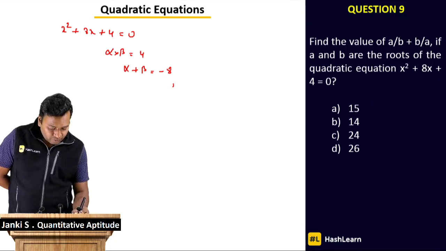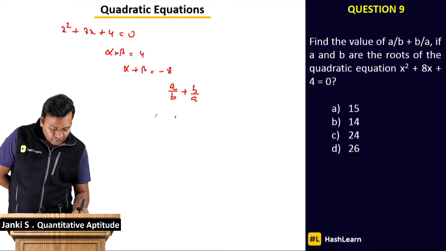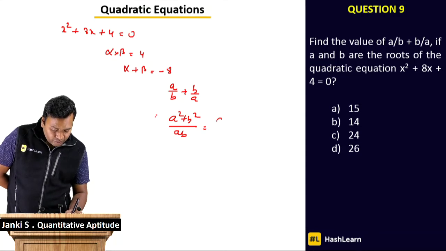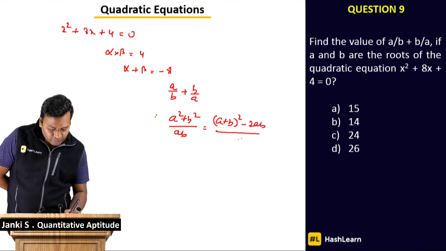My requirement is nothing but a by b plus b by a. Can be written as a square plus b square by ab, right? Which is nothing but a plus b whole square minus 2ab by ab is the format.